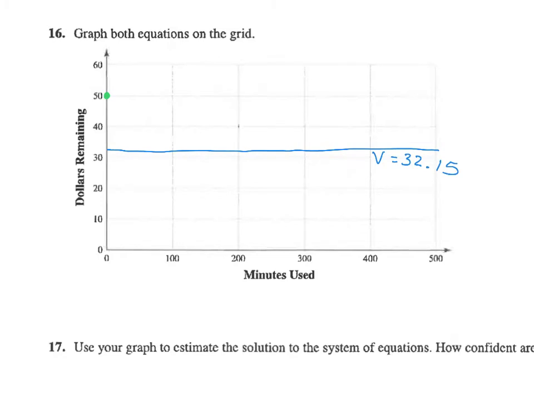Then I'm going to look back at the table and see that we had points like 143, 236, probably went a little too low on that other one, 329, 422, and 515.